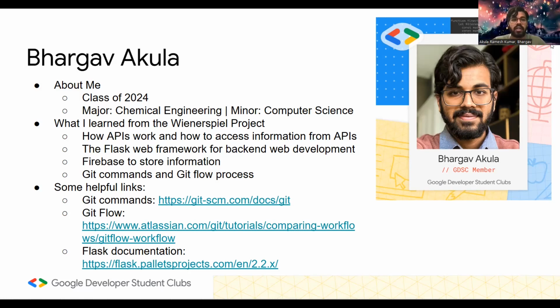When I first started, I got a lot of help from some of the mentors within DSC and also some of the Google experts, and they gave me links on how to get started on Flask, which is the web framework for the backend development that we used, and also how to manage your project through Git and Git Flow. That was new to me because I never really used Git in a collaborative setting.